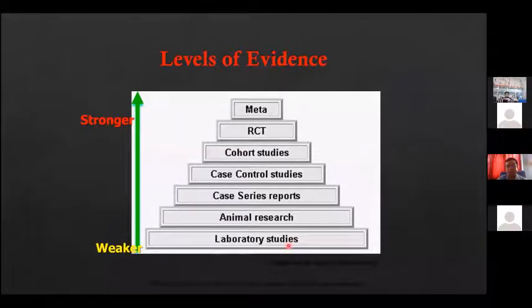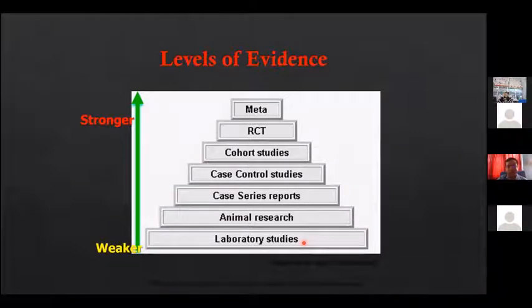Most of the new ideas start in the laboratory. Then they are checked in animal studies and then in a few human volunteers. Then you perform the case control studies and the randomized control trial.